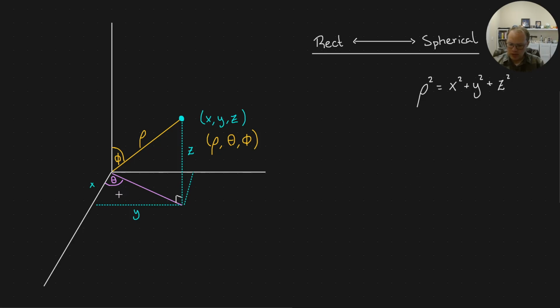Theta is also easy because theta is just the same polar angle that we used in our polar coordinate system and our cylindrical coordinate system. And so the same relationship applies. Okay, right angle here. And we could see that tangent of theta is going to be opposite over adjacent, y over x. Okay, exactly like it is for polar and cylindrical coordinates.